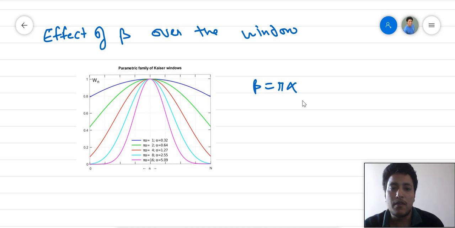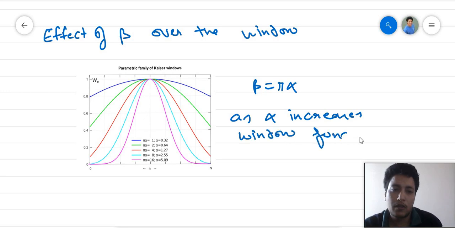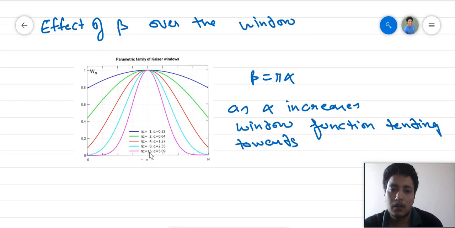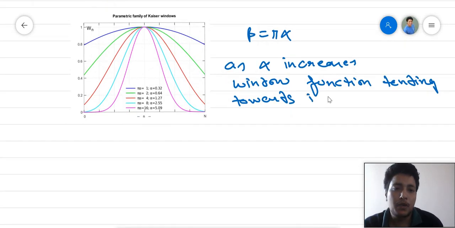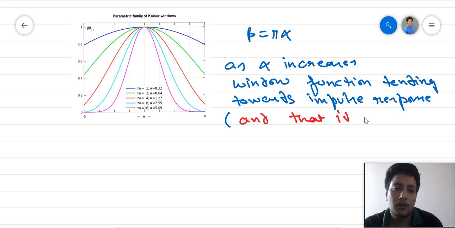As alpha increases, the window function tends towards the impulse response, and that ideal property we require.